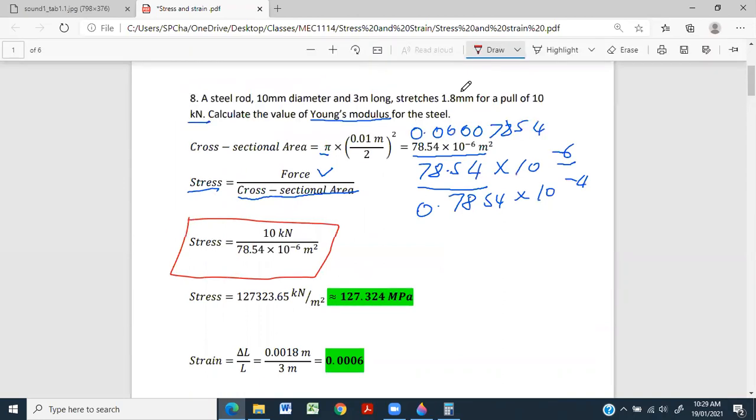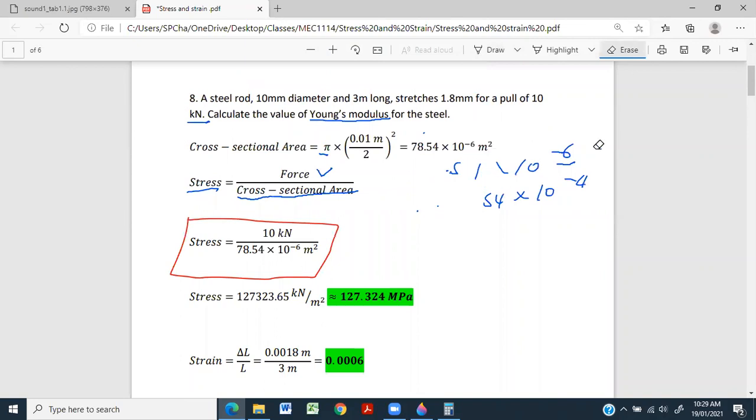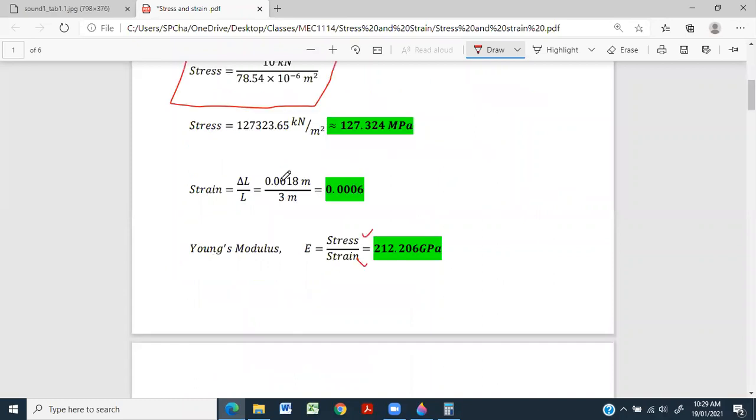1.8 millimeters. So we divide that by 1,000 and we get 0.0018 meters. And what's the length of this steel rod? Well, the length of this steel rod is 3 meters long. So 0.0018 divided by 3 meters will give us 0.0006.